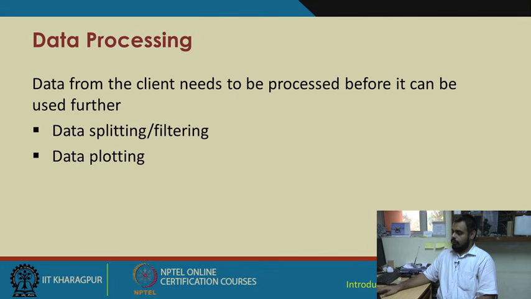Till the previous slide, we had covered all these things in detail in lecture 2. So over here, we'll be going through those as well as basics of data processing like data splitting, filtering and data plotting. But the big question is, why do you need processing of the data?